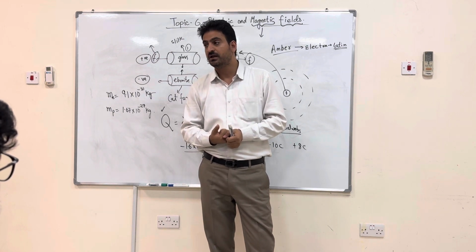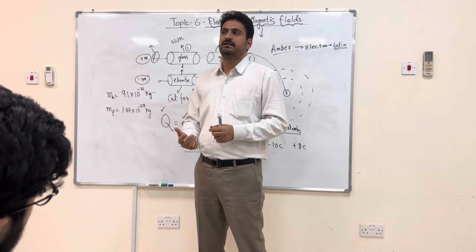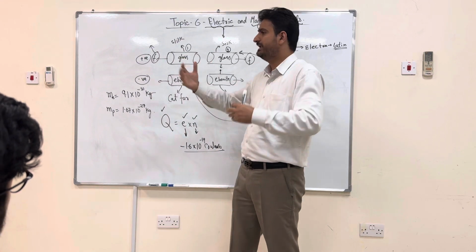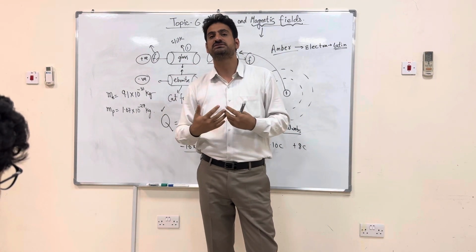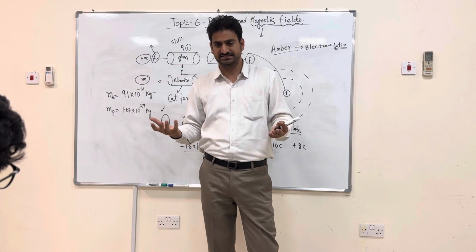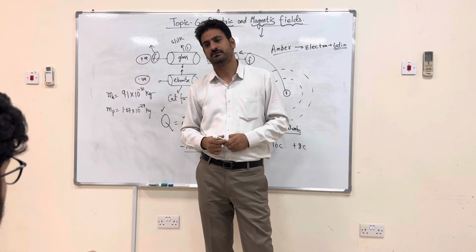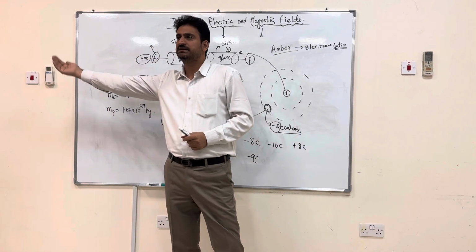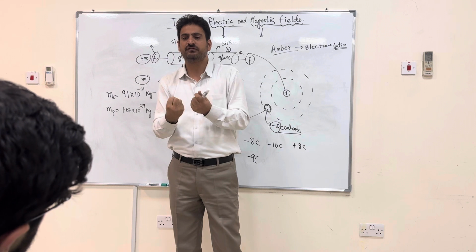Now, if we go to a certain distance, then we will say that the electric field would extend till infinity, but after a certain point, it becomes intangible, like insignificant. So after a certain point, we say that the electric field has an insignificant strength.